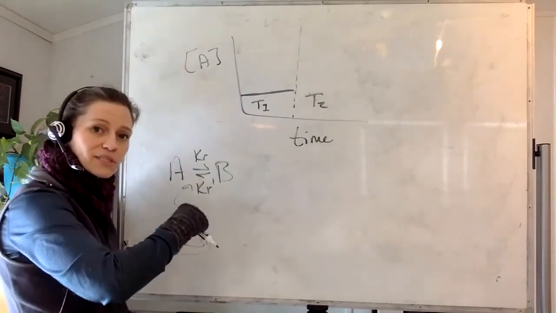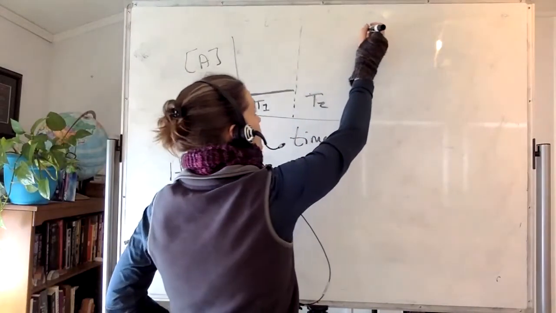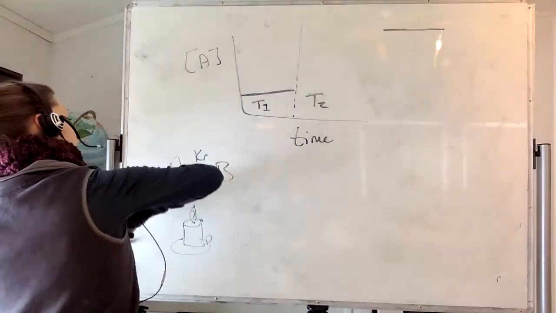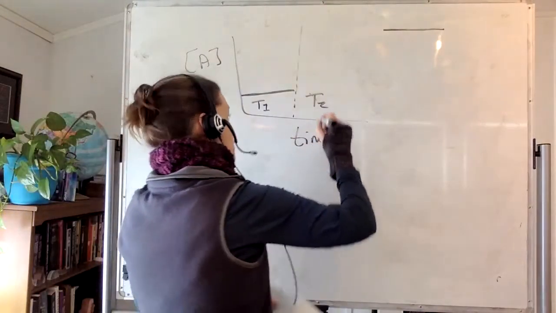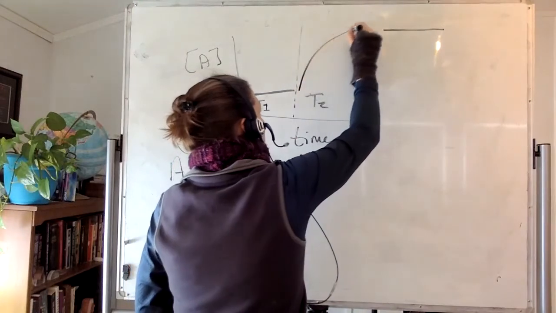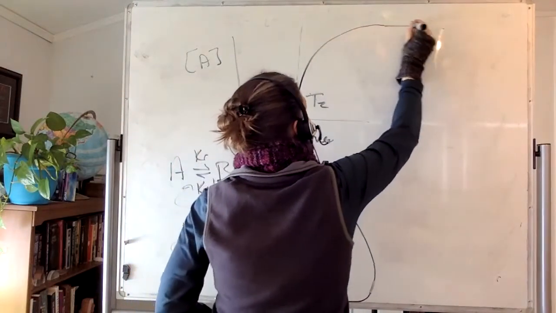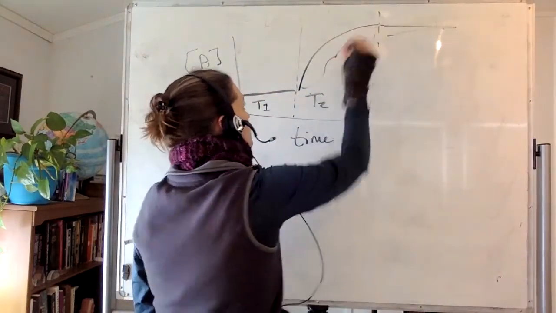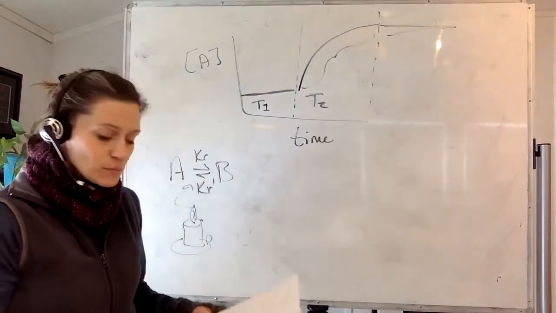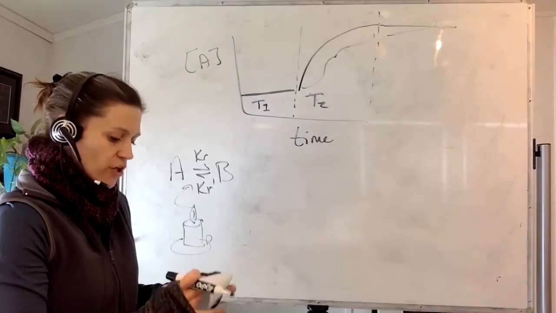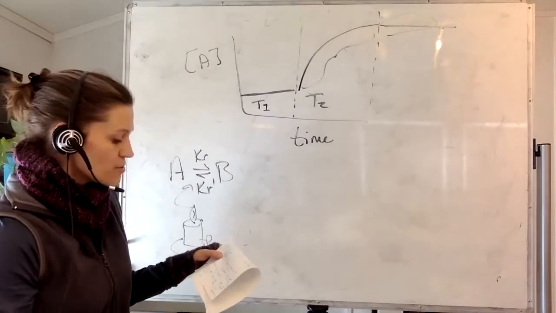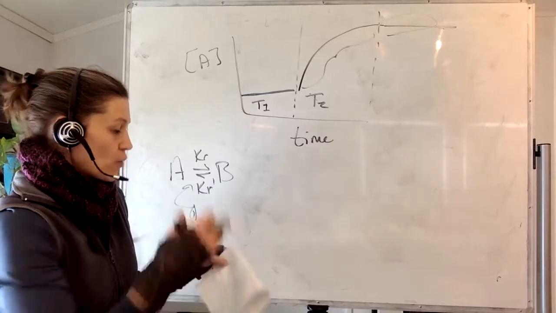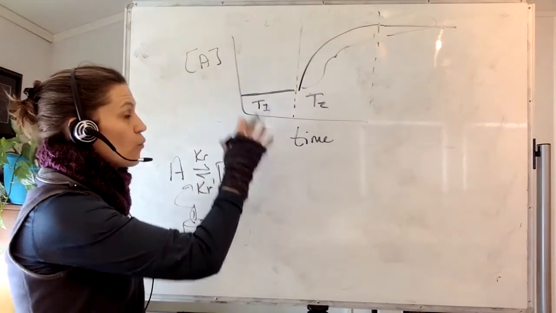That's going to perturb the system, which means the new equilibrium, say, is way up here, we're shifting it such that we favor the reactant side. And so there's going to be an increase, such that now we've reached a new equilibrium. This is a way to look at the relaxation times. The change in the equilibrium position because of the change in temperature is going to adjust where equilibrium is going to lie.